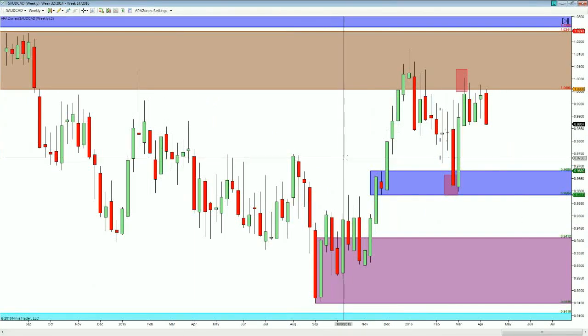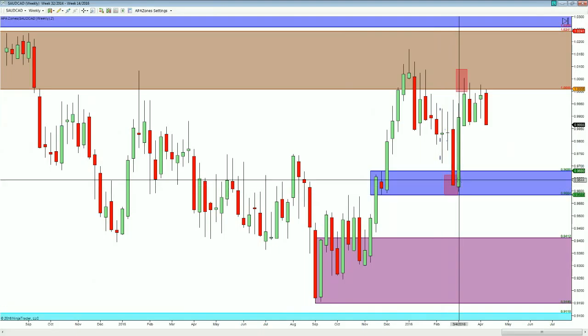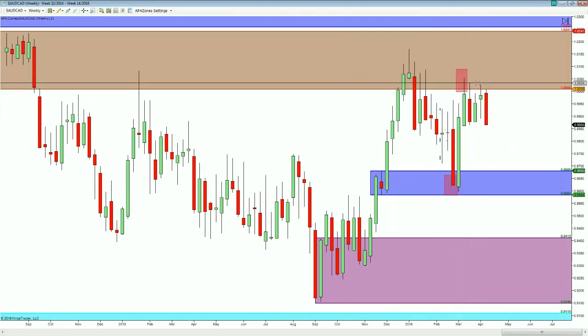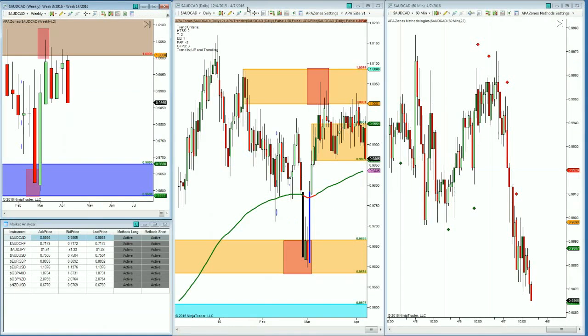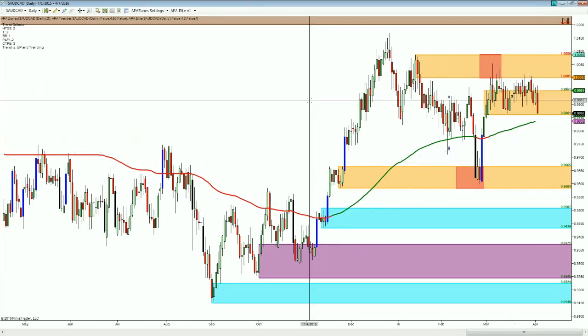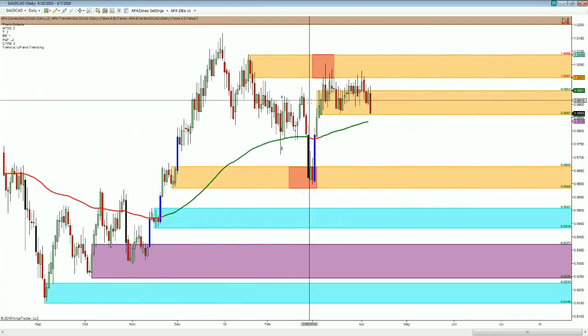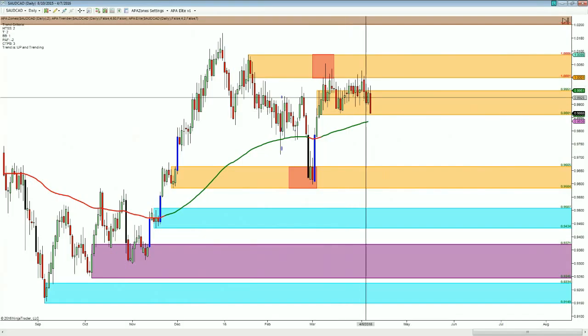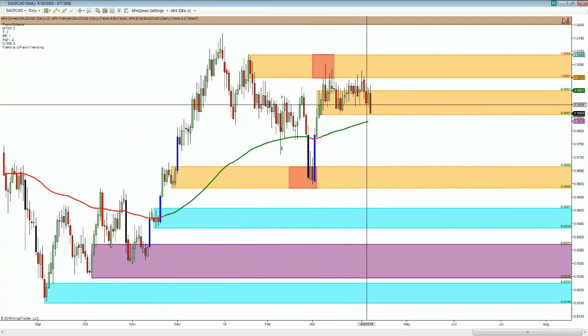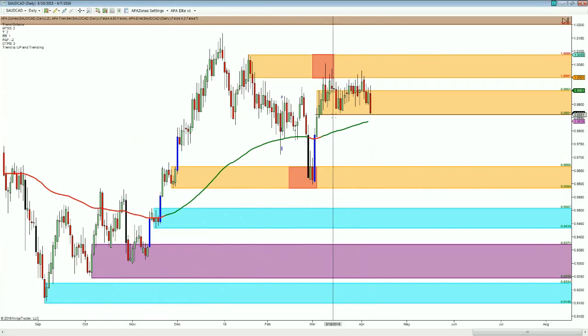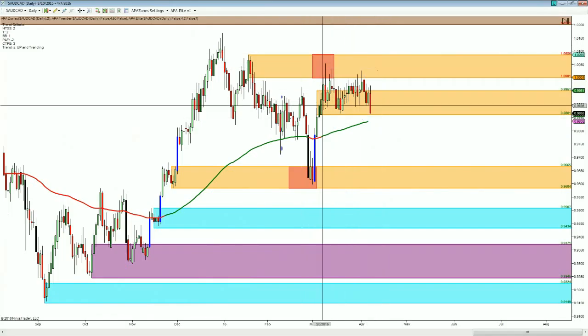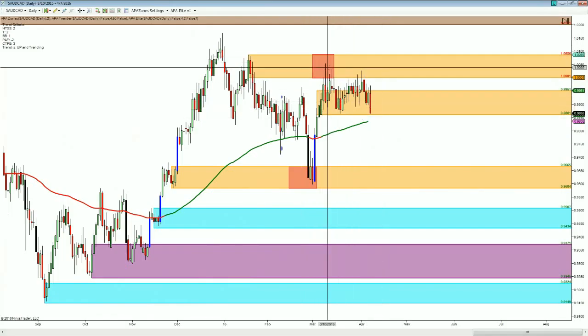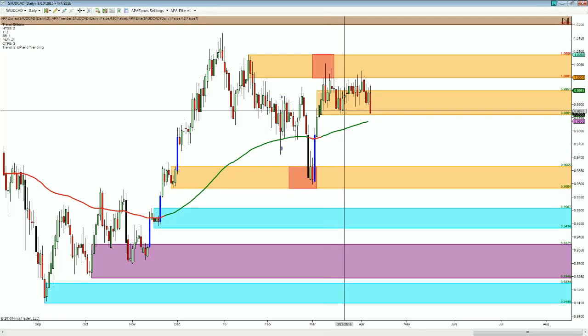On the Aussie CAD, we have been moving from demand up to supply, and it looks like we're getting a little bit of a reaction here off of the big weekly level. On the context chart, the trend is still to the upside, and we see that we've gotten a lot of overlap over the past couple weeks as price really found a lot of chop and consolidation in between these two levels.